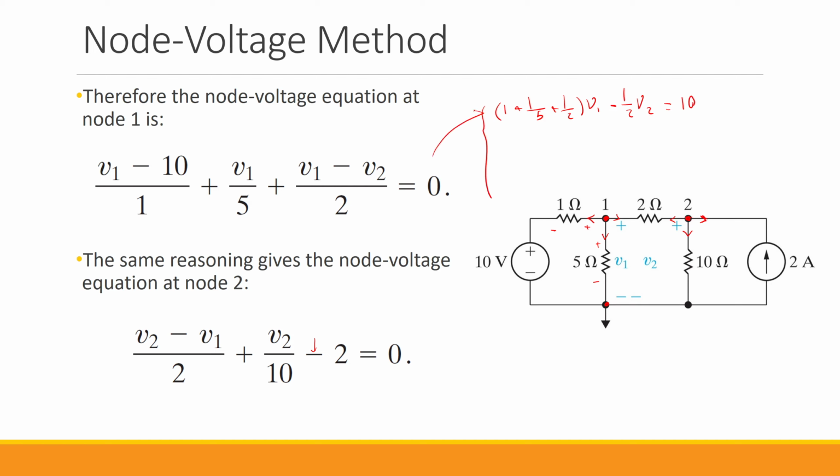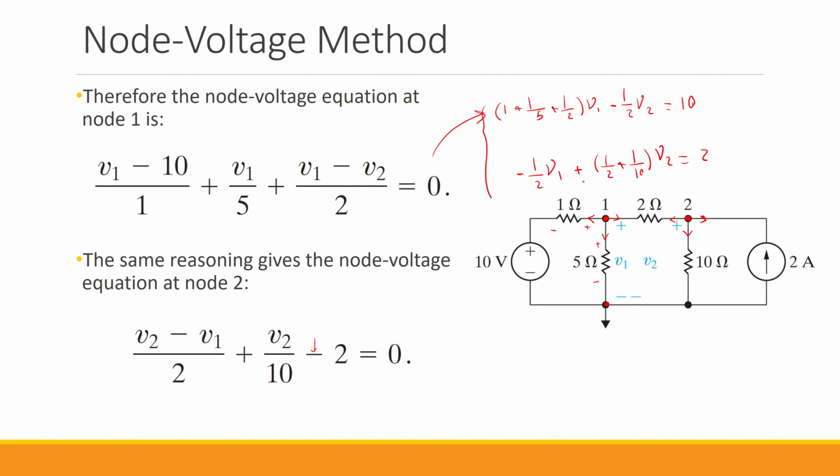So that is this equation. For the second one, we have -1 over 2 V1 plus 1 over 2 plus 1 over 10 V2 equals 2.